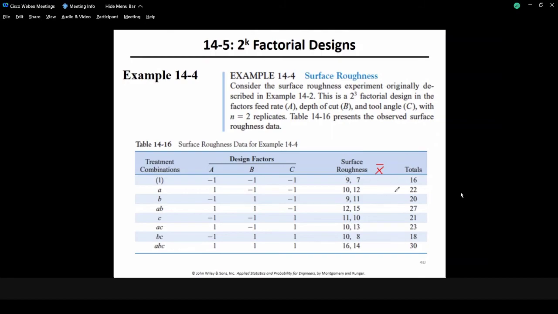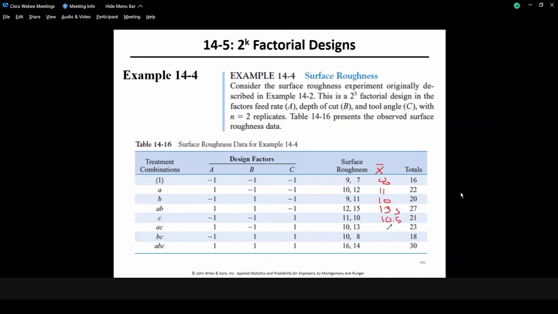This is 8, right? 8, 8, 11, 10, 13.5, right? 13.5, 10.5.